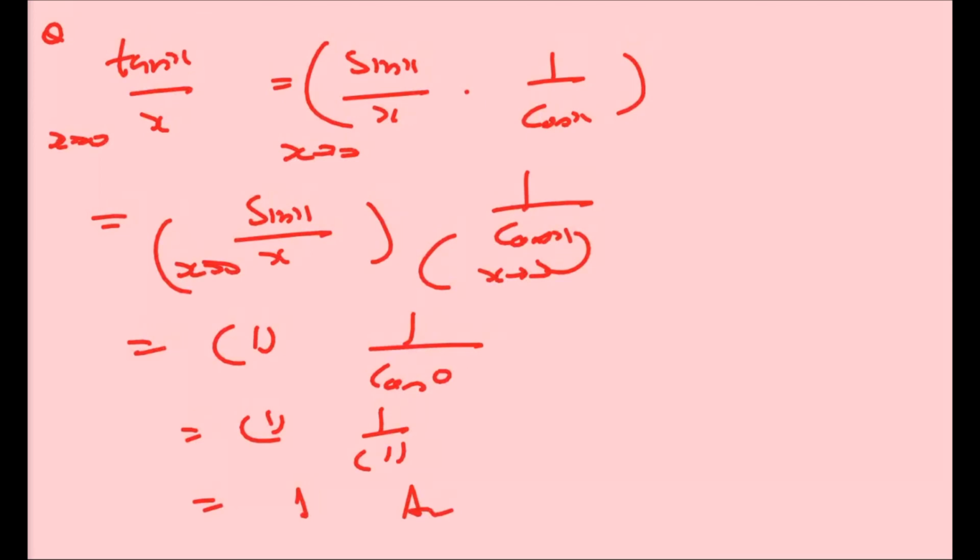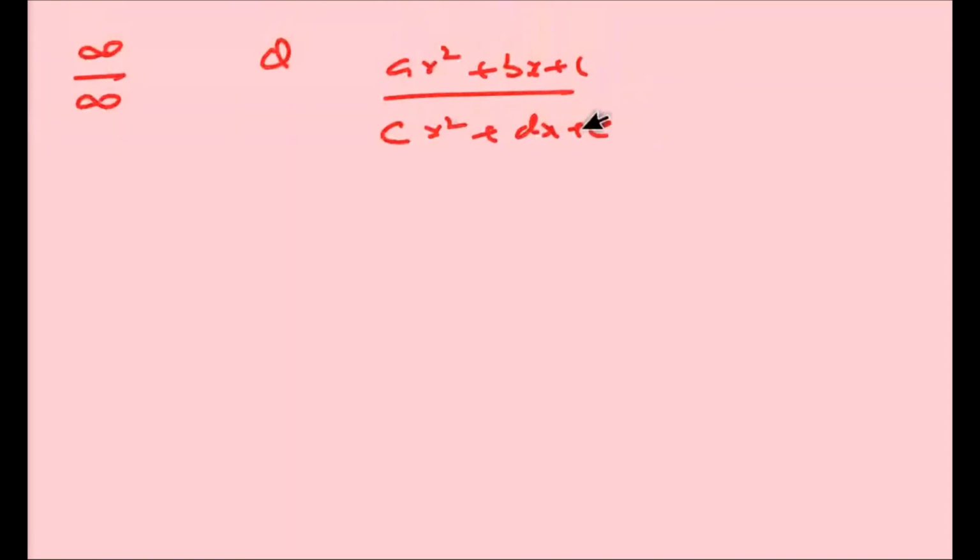Now one more type of question, upon infinity. If we want to take the question ax square plus bx plus c upon cx square plus dx plus e, and we are taking the limit x tends towards infinity, how will we solve it?